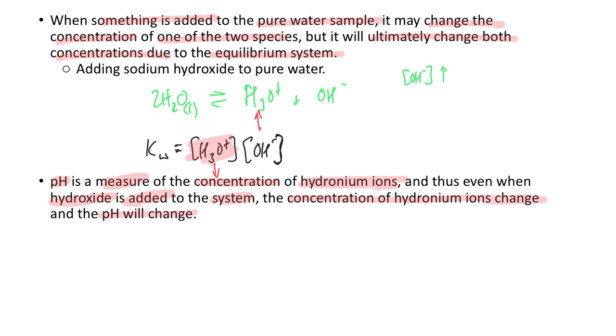So this is why, even though you don't add or remove these directly, when you add the sodium hydroxide, it still changes, because you change the concentration of this by changing the concentration of that, because there's an equilibrium system that works in there. All right, so that's the idea. The equilibrium system links these two things together.